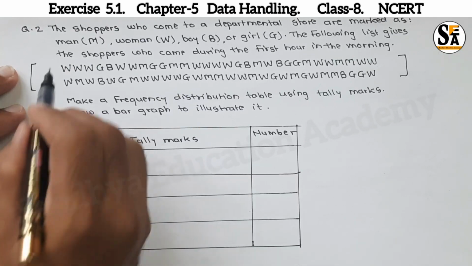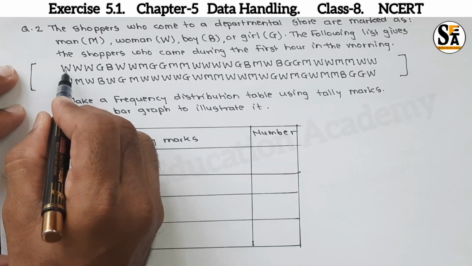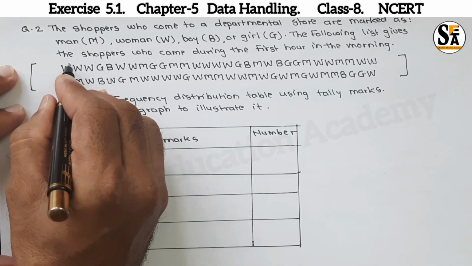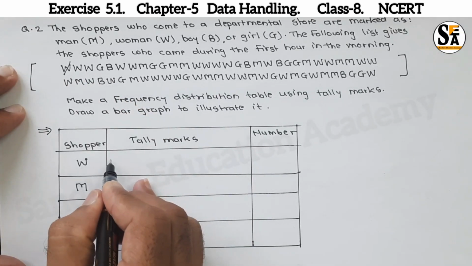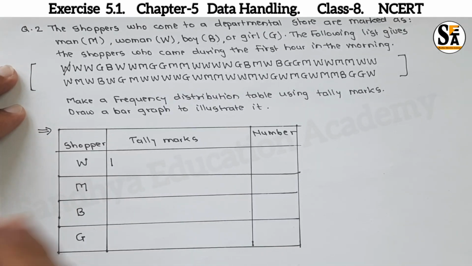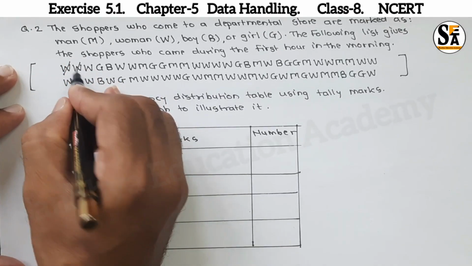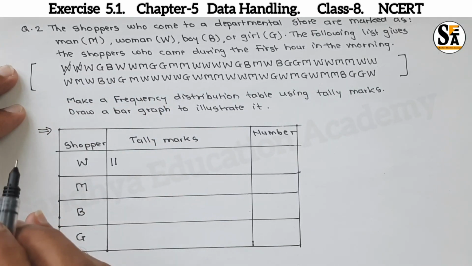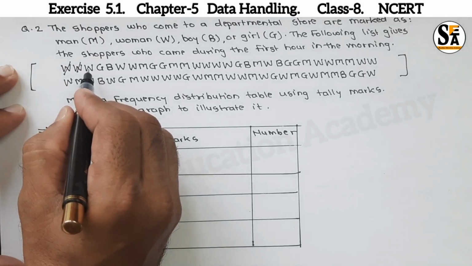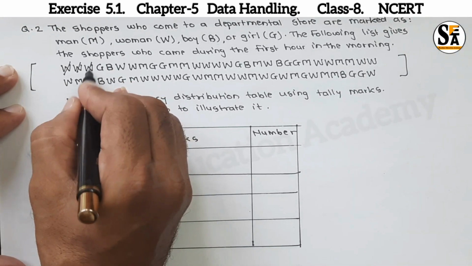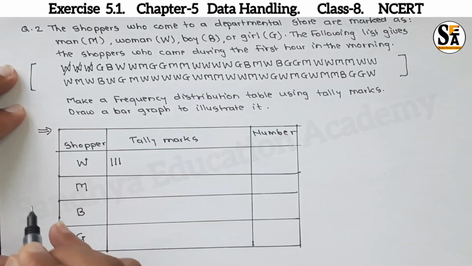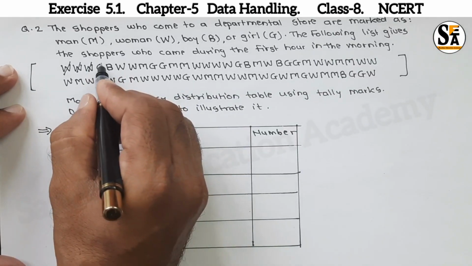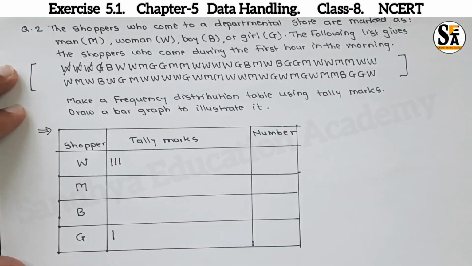So for W we will go step by step. What is the first entry? W. So for W we will first strike this W and make one mark here. Then for W again strike this, make a second mark. The third entry is also W, so strike this, make a third mark. Then entry G, strike this G and mark one entry.